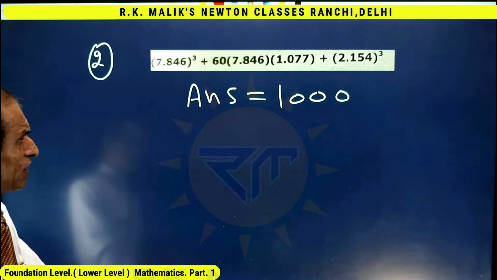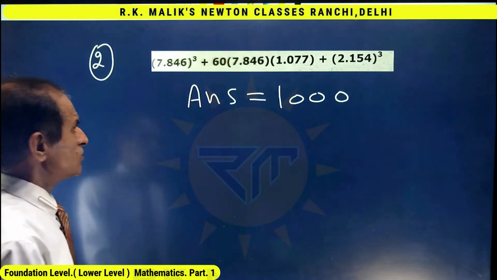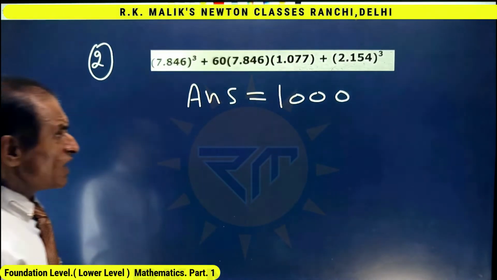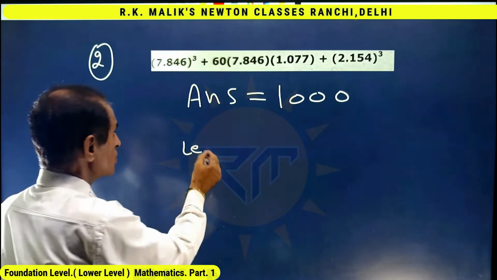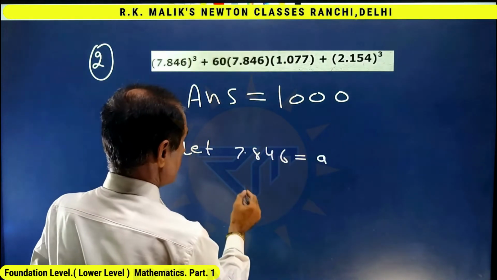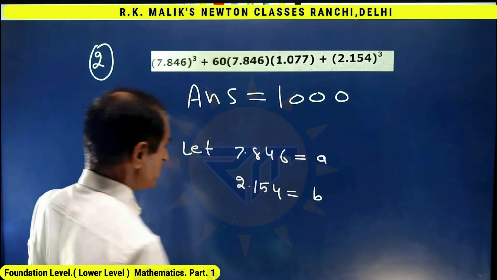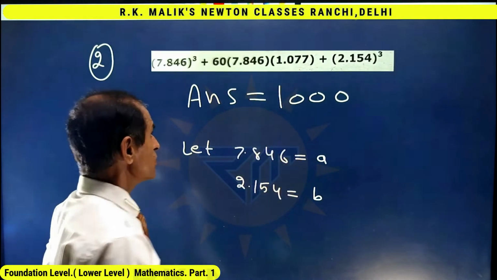In this case, if you calculate this in a normal way, that will be too lengthy. But if you see carefully, from this cube and this cube, I get the hint that I suppose 7.846 as A and 2.154 as B. You can see very easily this is B by 2.